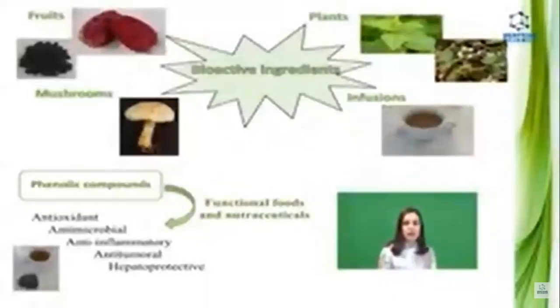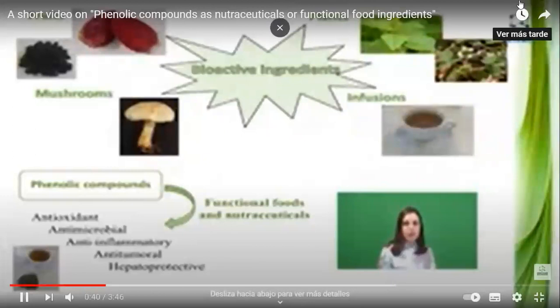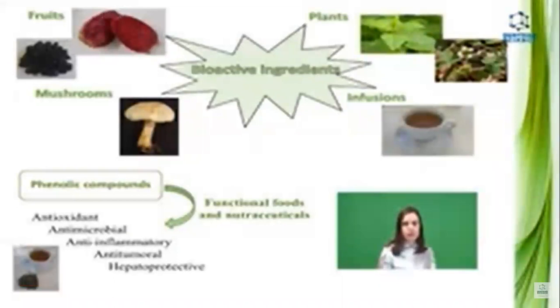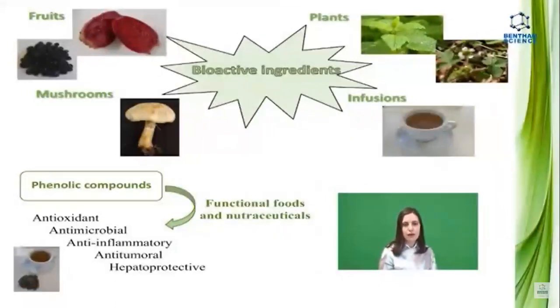The enrichment can use natural sources from plants, mushrooms, or animal origin, but also synthetic compounds with improved biological activities. One example of bioactive ingredients are phenolic compounds, widely distributed among medicinal herbs and dietary plants. These compounds present a broad range of bioactivities, such as antioxidant, antimicrobial, anti-inflammatory, anti-tumoral, and hepatoprotective effects. Furthermore, phenolic compounds are involved in several disease preventions, such as cancer or cardiovascular diseases, among others.